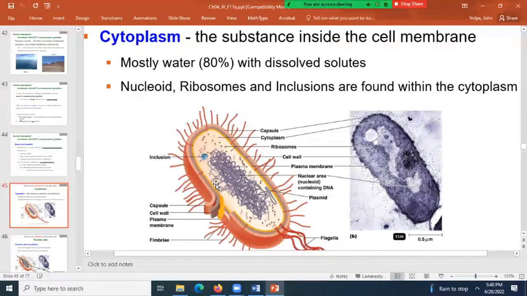There are also inclusions, which are accumulations of substances. So much of the substance has accumulated in one spot that it will literally precipitate out of solution. And then it forms what we call an inclusion. Something you can see under the light microscope, I think that's an inclusion, and that's an inclusion.